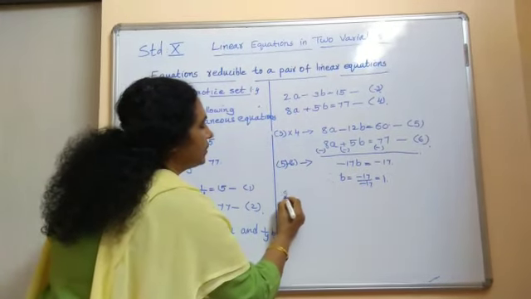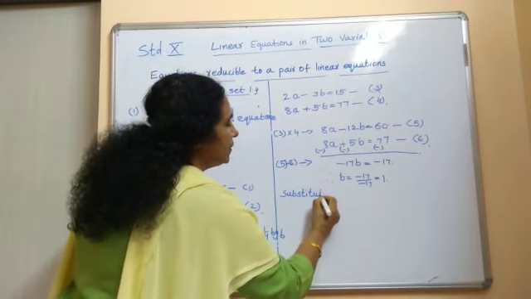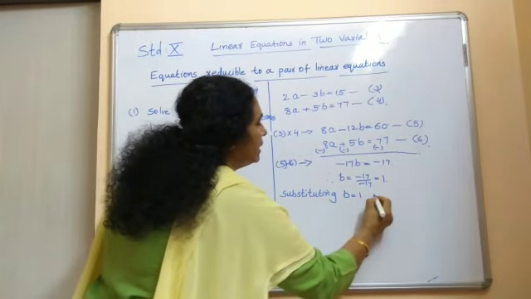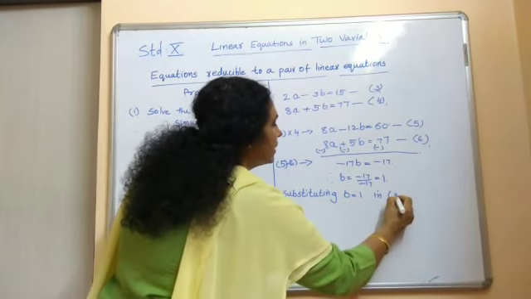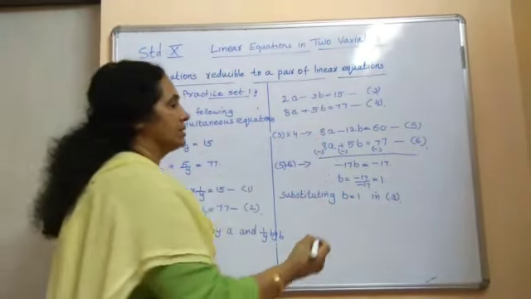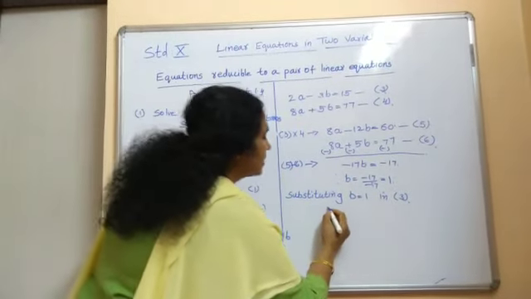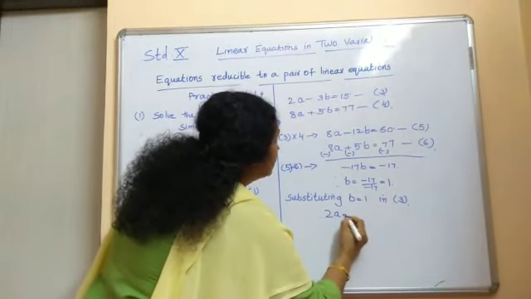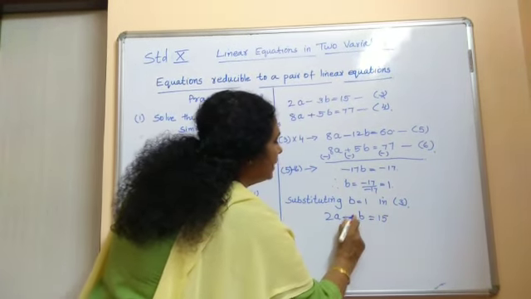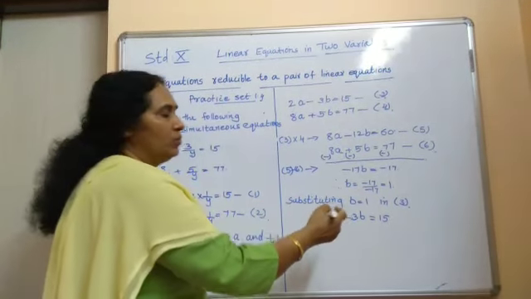Now, substituting b is equal to 1 in equation number 3. You can substitute in any of the equations. Third equation is 2a minus 3b is equal to 15. And we got the value b is equal to 1.